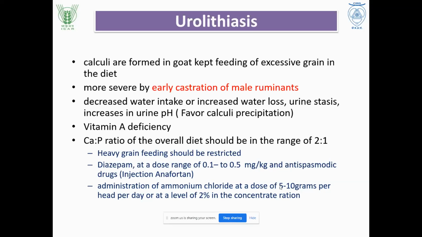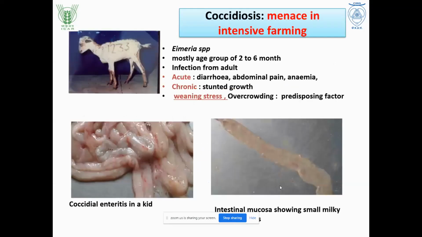It can be given at a dose rate of 5 to 10 grams per head per day, or it can be mixed at the level of 2% in the concentrate ration. If you are maintaining the younger animal on heavy grain diets, it is advisable. Urolithiasis generally responds, but when there is an acute urolith or acute obstruction of the urinary tract, it needs surgical intervention, and if it is not adopted, there may be mortality because of uremia.